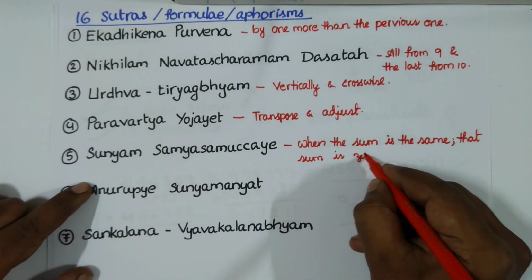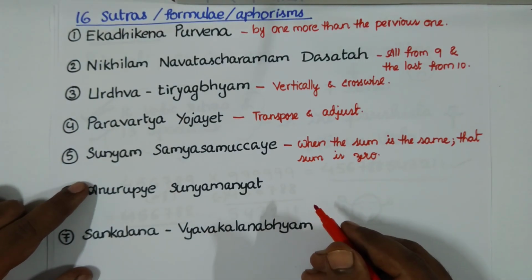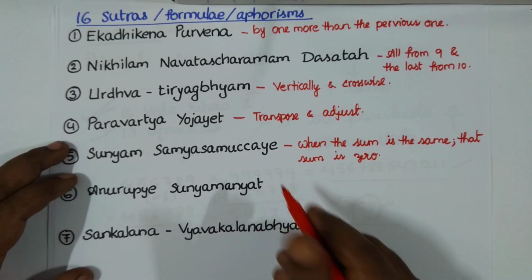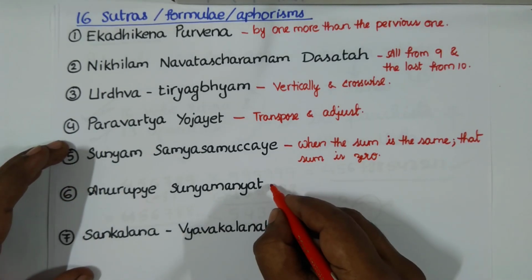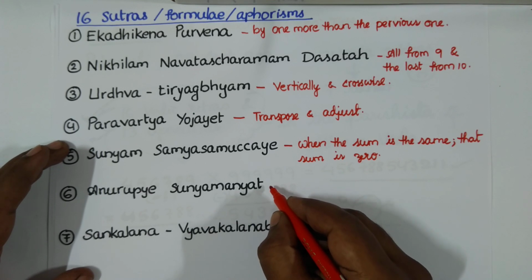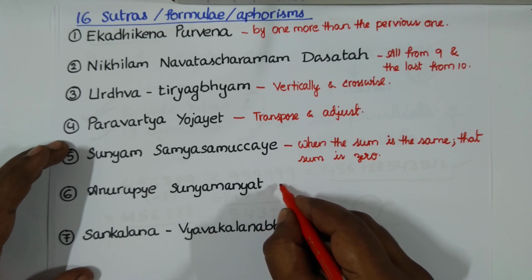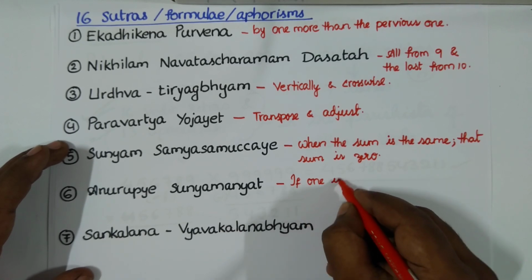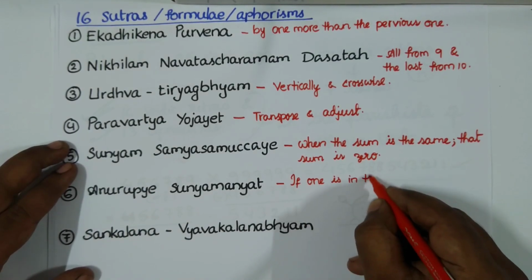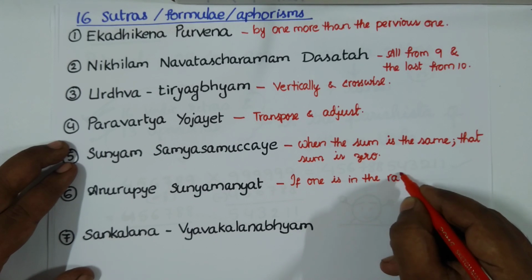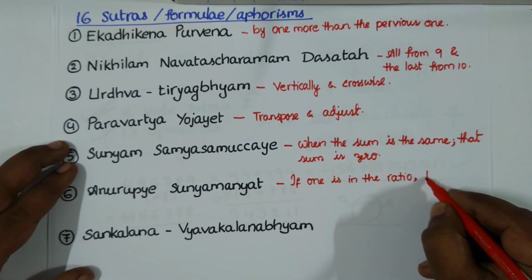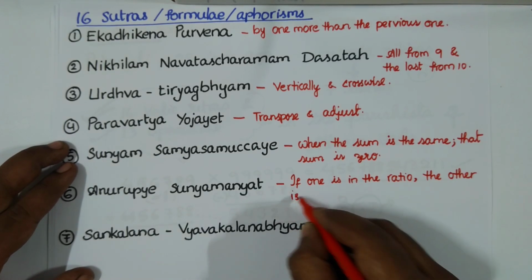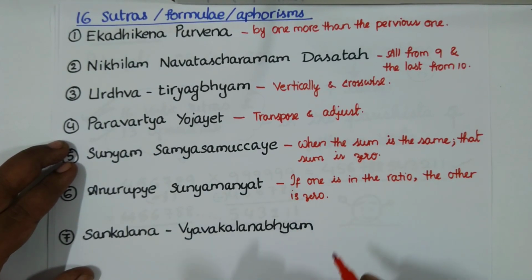See how great Jagadguru Swami Sri Bharati Krishna Tirthaji Maharaja is. He coined all these things. Anurupye Sunya Manyat means if one is in the ratio, the other is 0.